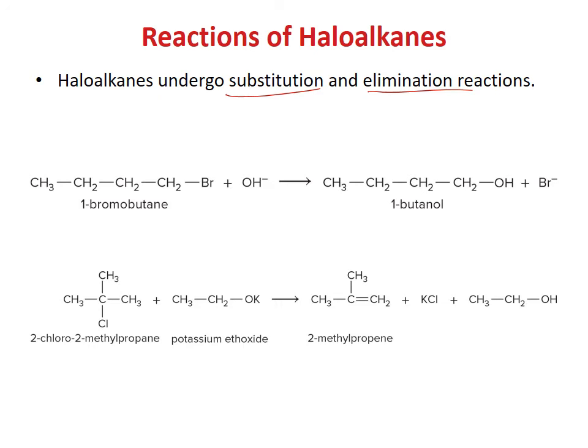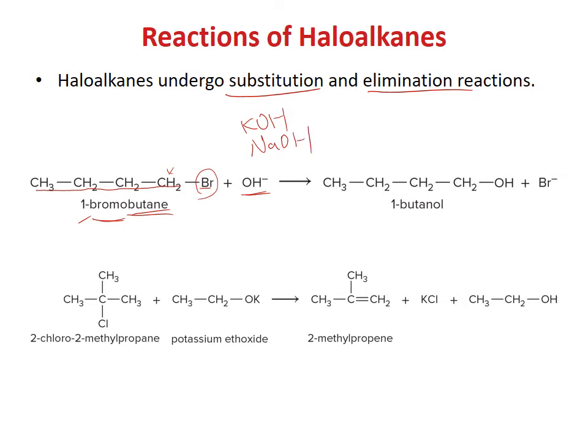In the first example, the reactant has 4 carbons, and so it's called butane. And there's a bromine here as a prefix. It's called bromobutane. Bromine is at number 1 carbon, so 1-bromobutane. The other reactant is hydroxide. Hydroxide may come from potassium hydroxide or sodium hydroxide.